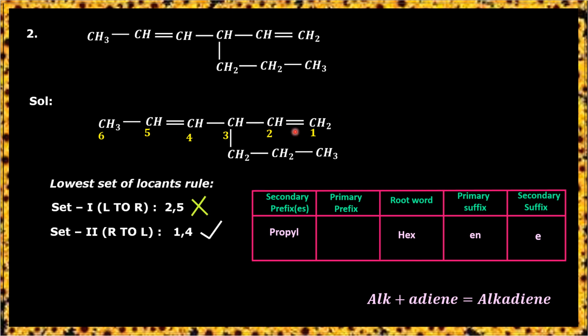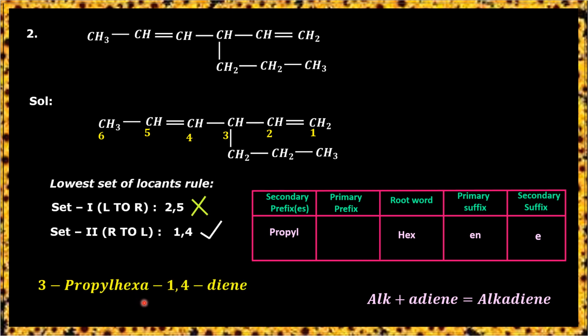When two double bonds are there, the IUPAC name is alkadiene. That means we have to attach a to the hex root word. So the name of this compound is 3-propyl hexa-1,4-diene.